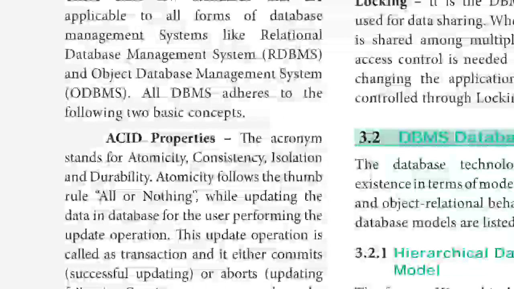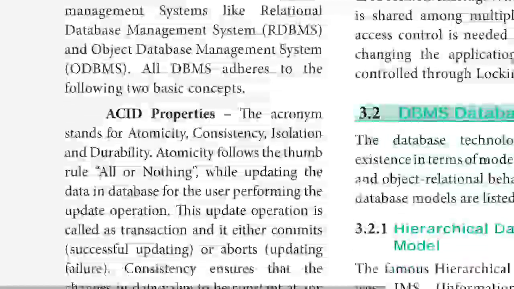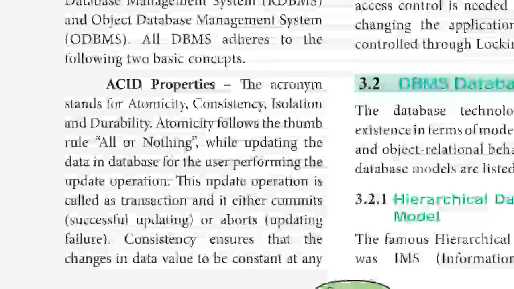Atomicity follows the thumb rule, all or nothing. While updating the data in the database, the user performs an update operation. This update operation is called a transaction, and it is either committed or aborted. Committed means successfully updated, aborted means the update failed.